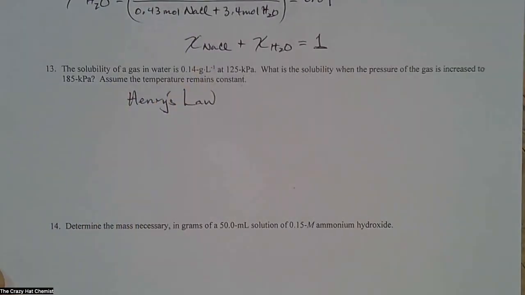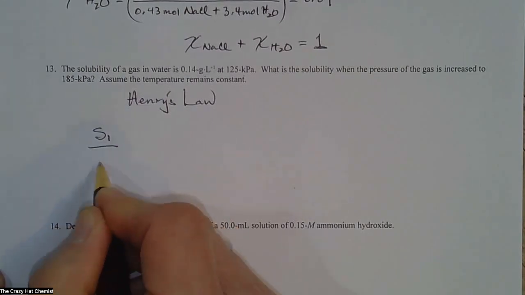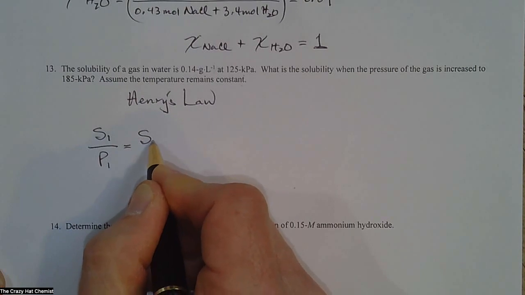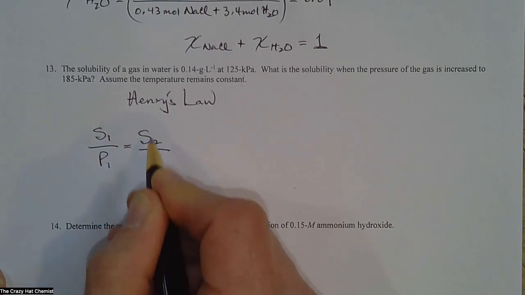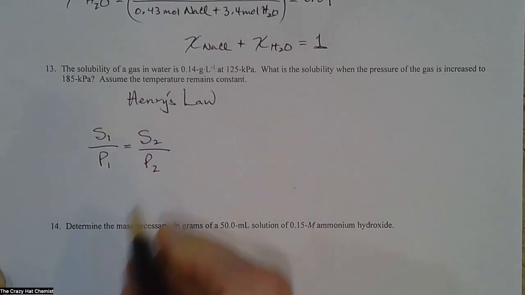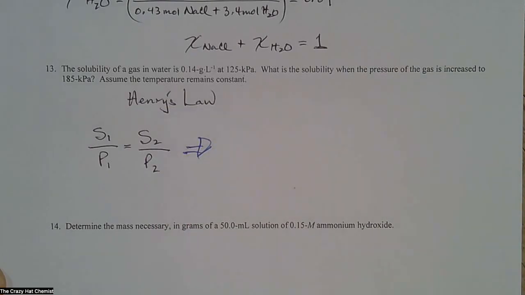So Henry's law deals with the solubility of gases. And so therefore, we're going to be using the Henry's law equation, which is effectively the solubility of gas 1 over the pressure of gas 1 is equal to the solubility of that same gas under a different set of solubility and pressure.